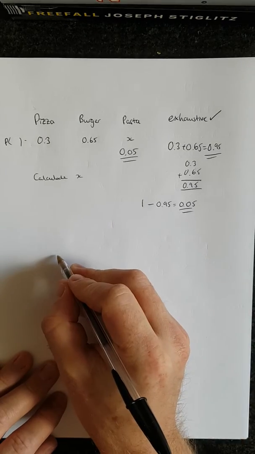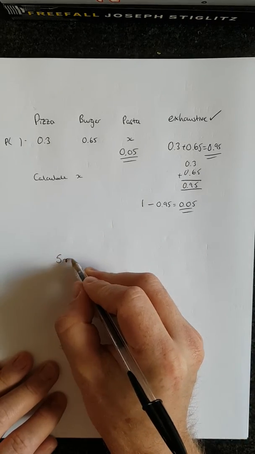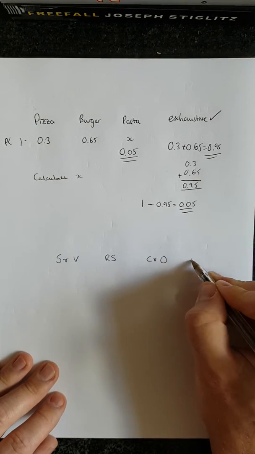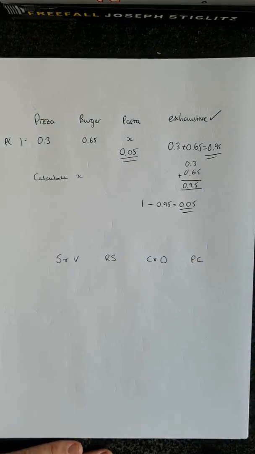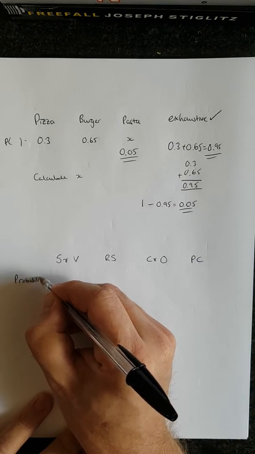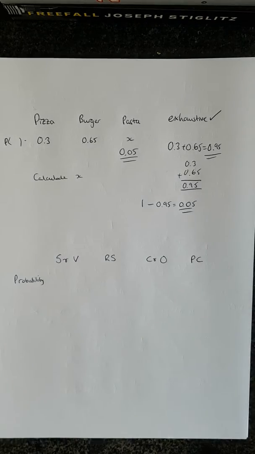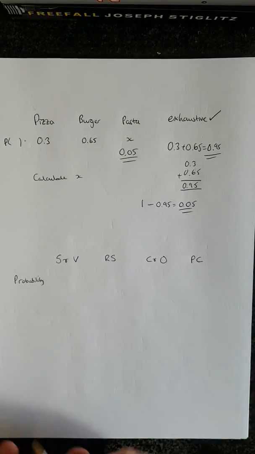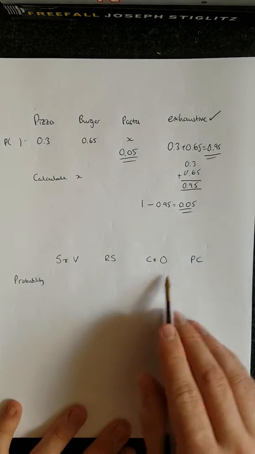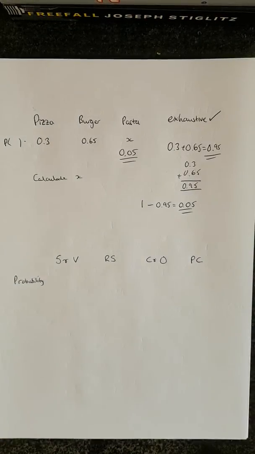Let's have a look at the clever question. Can you work out what was asked in this questionnaire? S&V, RS, C&O, and PC.